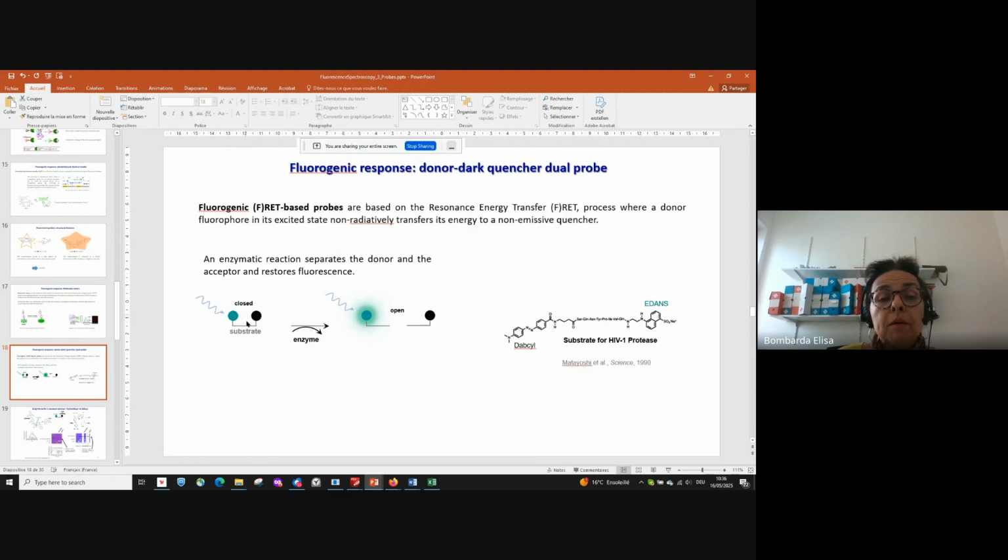When the substrate is intact, the probe is in the closed form, and the quencher is close enough to the donor to quench completely its fluorescence. So no signal. Then the enzyme comes, does its work, and cleaves the substrate, so the donor and the acceptor are far apart, and the fluorescence of the donor is restored. So far, so good.